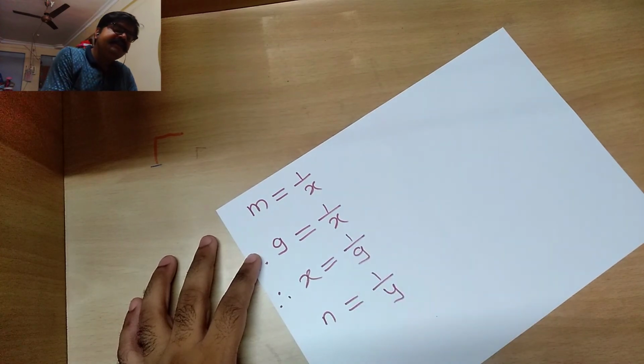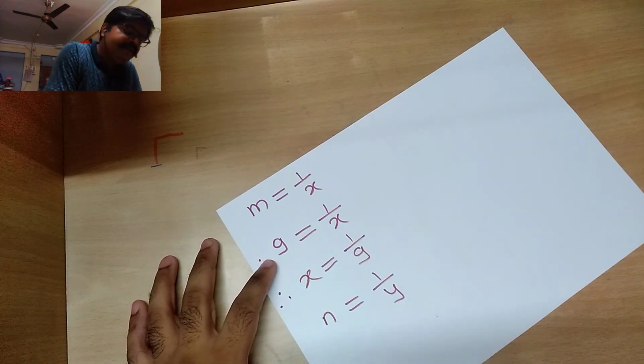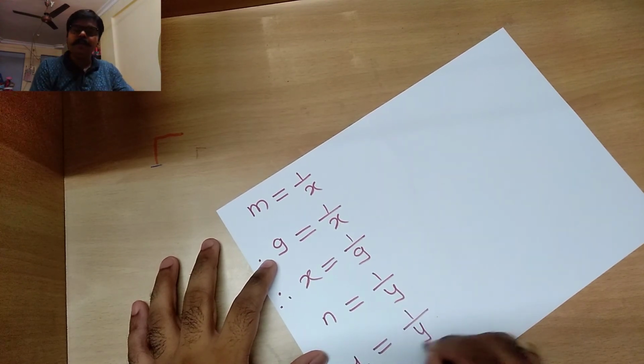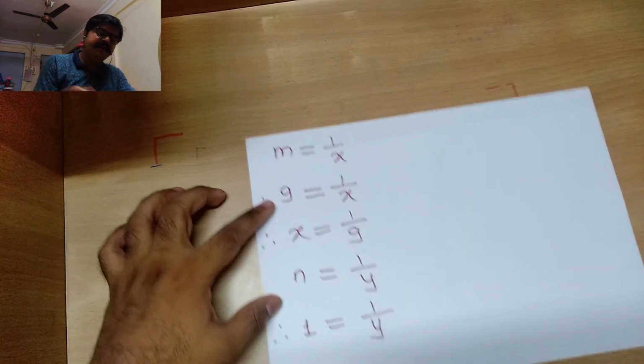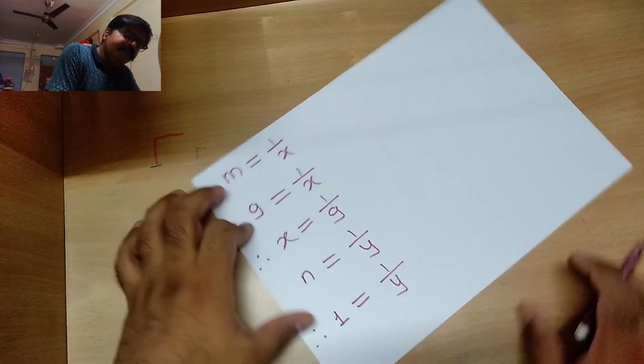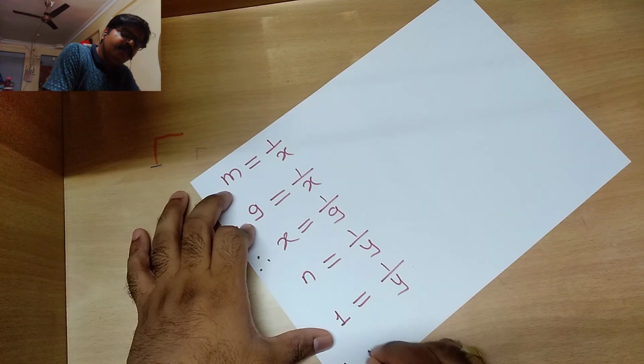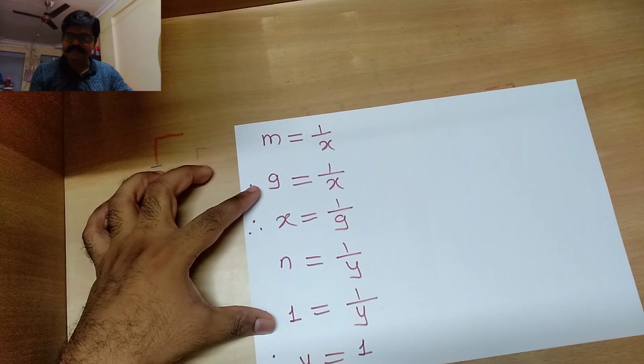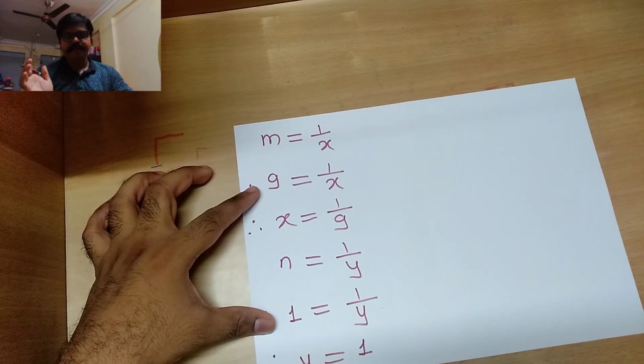Whereas n's value, what we have got earlier, was equal to 1. Therefore the equation will look like 1 is equal to 1 upon y. Again if we go for the invertendo, y will be equal to 1 itself, because the final answer will be 1 upon 1, and 1 upon 1 is as good as 1 itself.